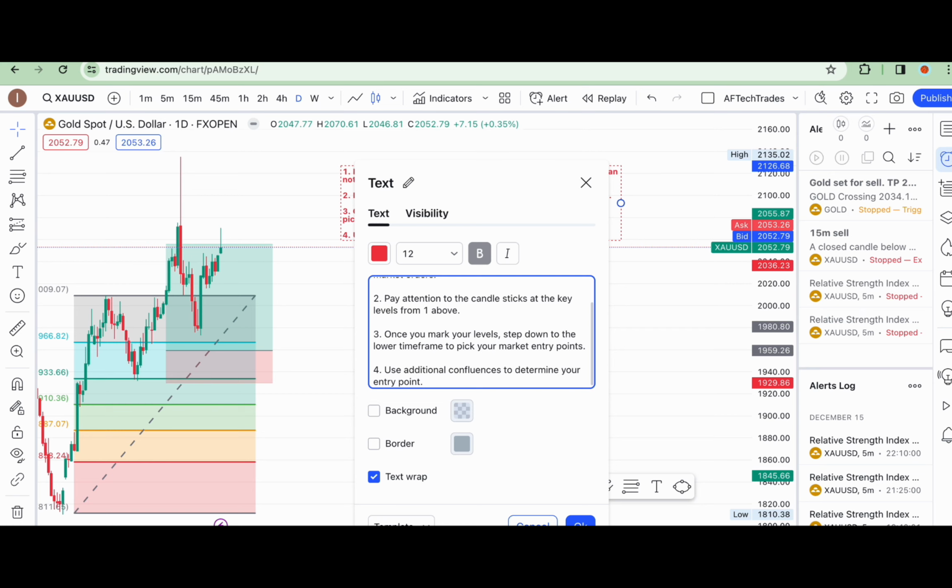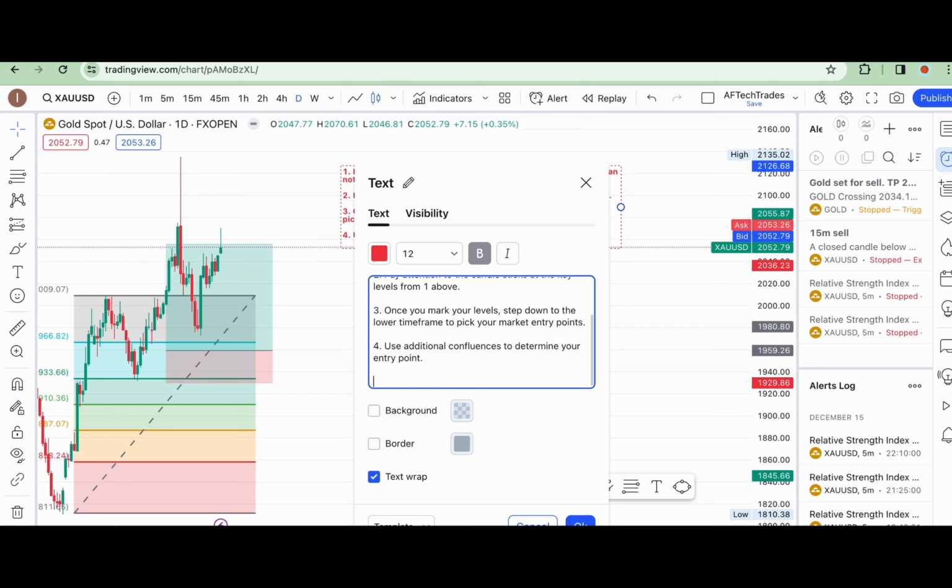Okay, and last but not the least, and the most important one, is your risk management. Risk management is you don't go all in. You go all in because you are too sure, but no strategy is 100%.